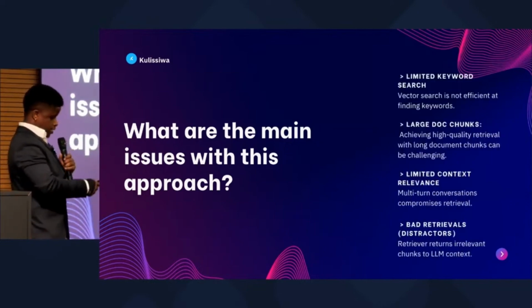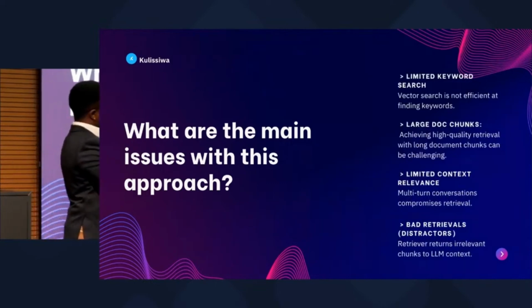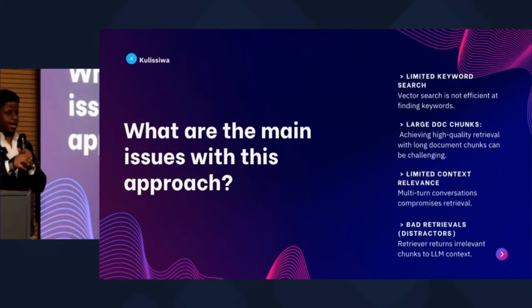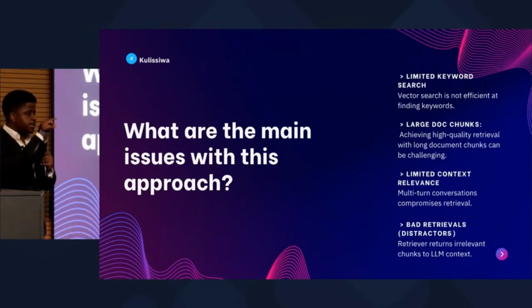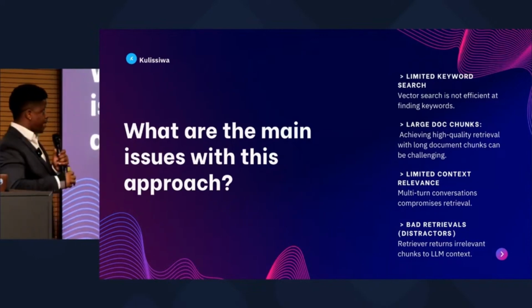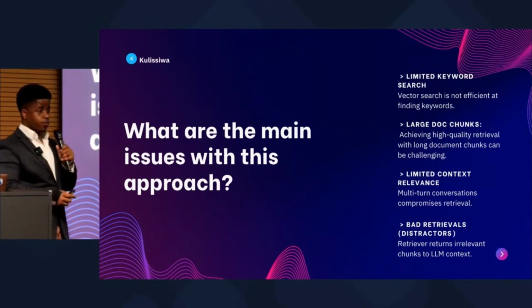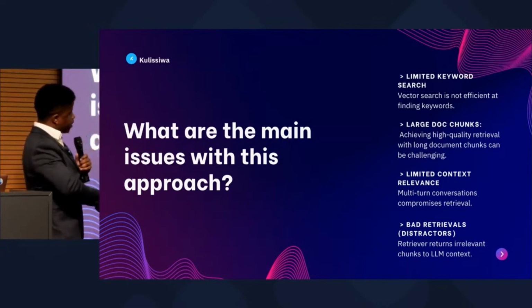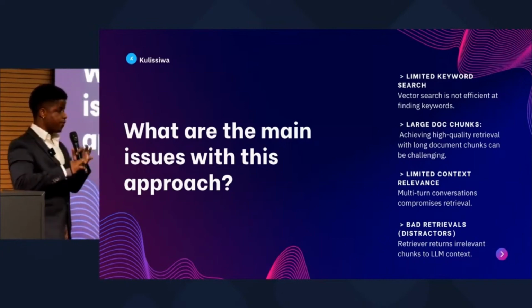So let's see. First is limited keyword search. As some of you mentioned, you might not be able to find the particular keyword, or you might be able to find a lot of the keywords, but not really the context that's relevant to the information. This can happen for a lot of reasons. In my case, when I revamped the pipeline for Kulissiwa, I noticed that I had really large chunks, for example for PDFs.